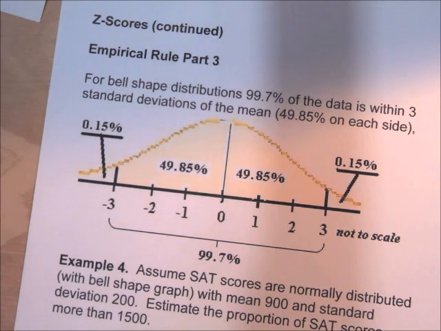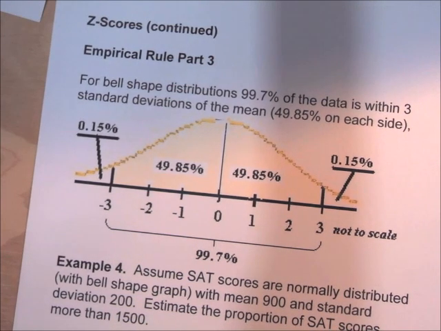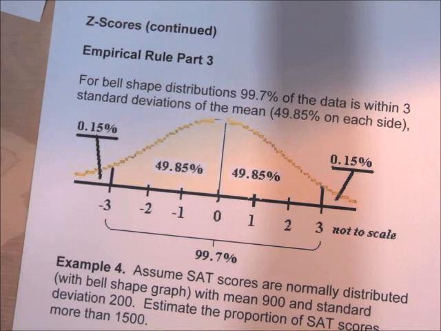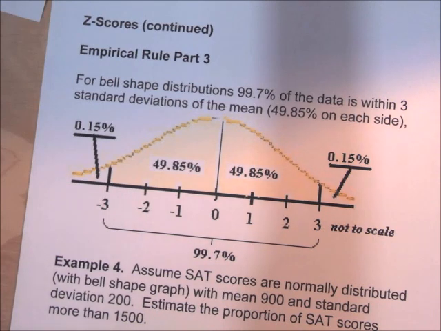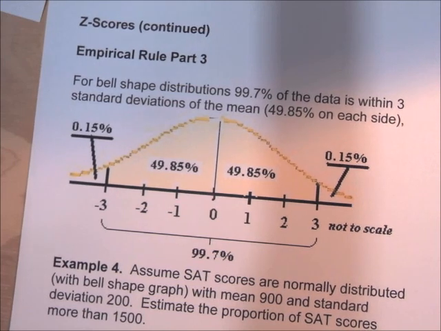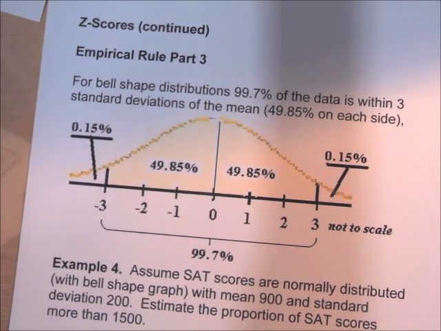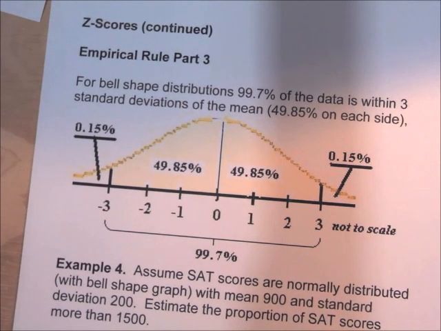So again, we only have one z-score to work with here. Okay, so we want the probability that x is greater than 1500. It's going to be the probability of z greater than (1500 minus 900) over 200.